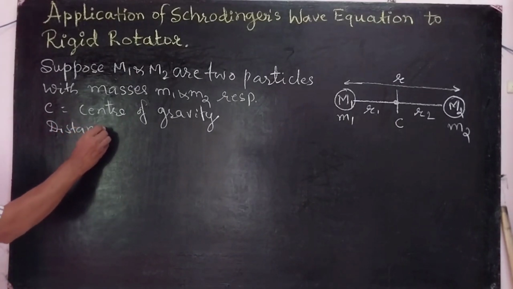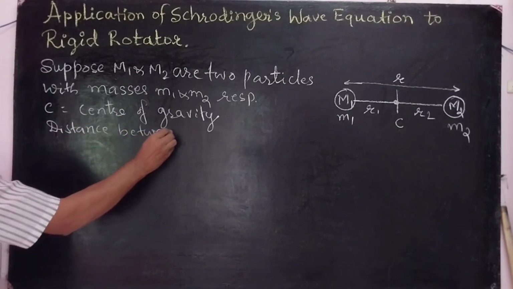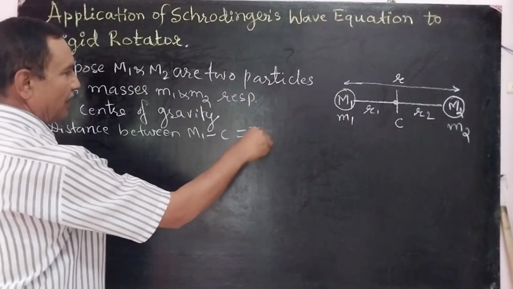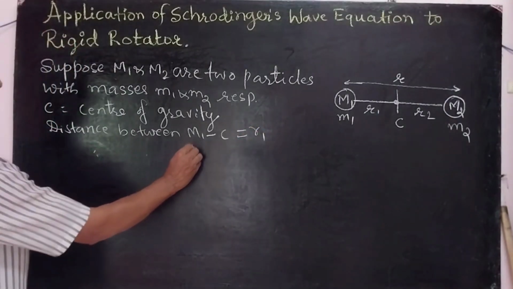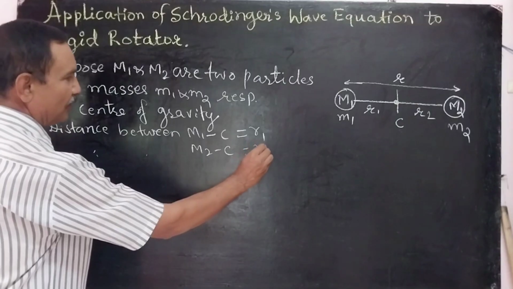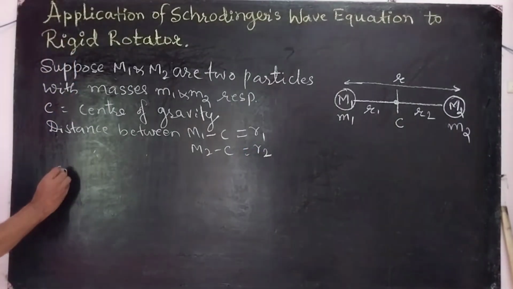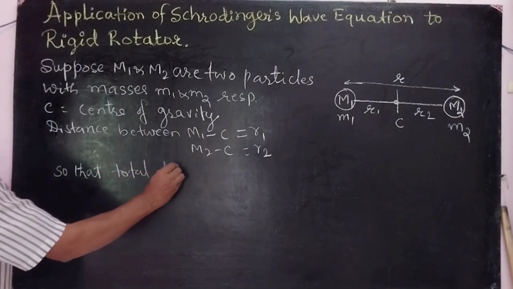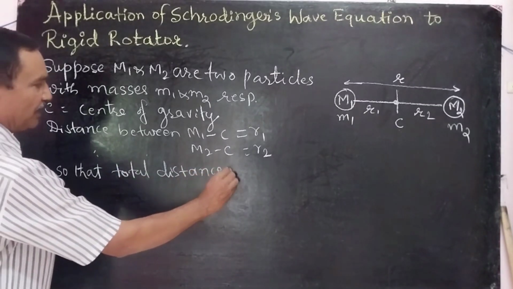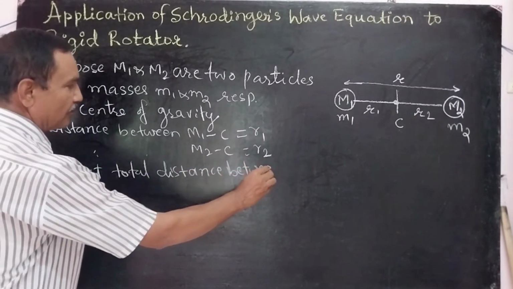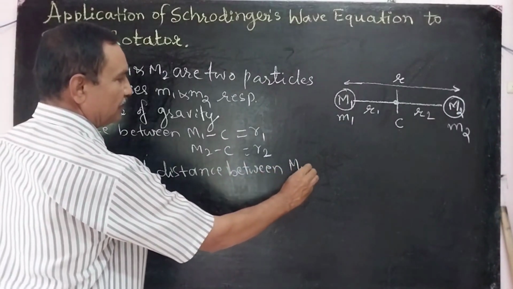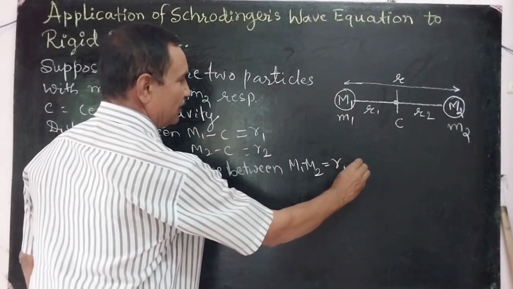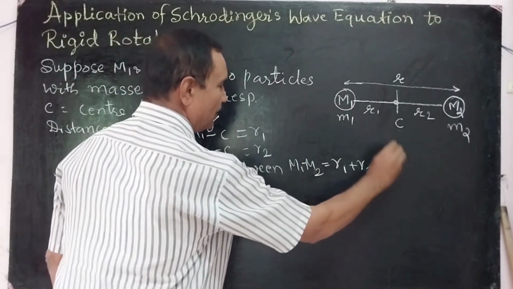The distance between m1 and C is r1. The distance between m2 and C is r2. So the total distance between m1 and m2 is r1 plus r2 equals r.